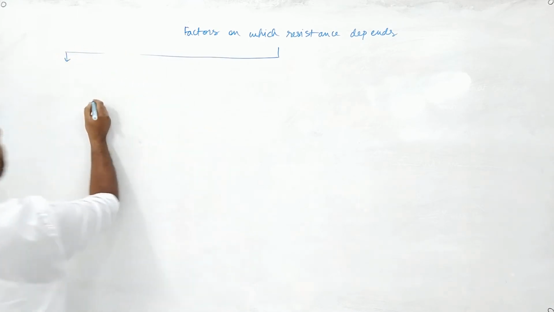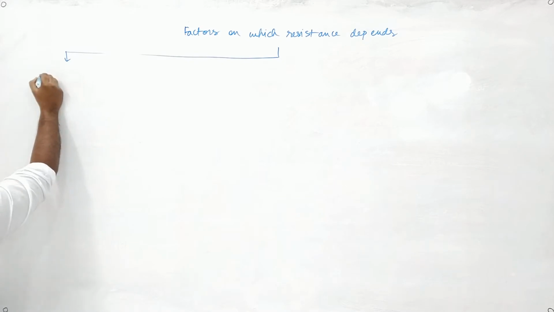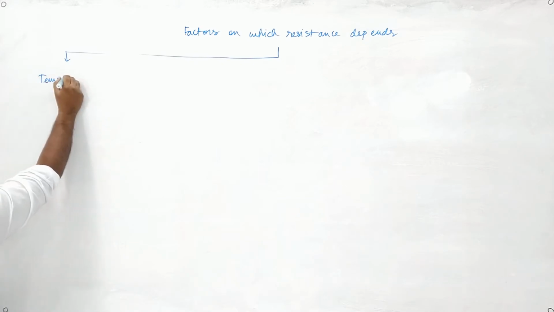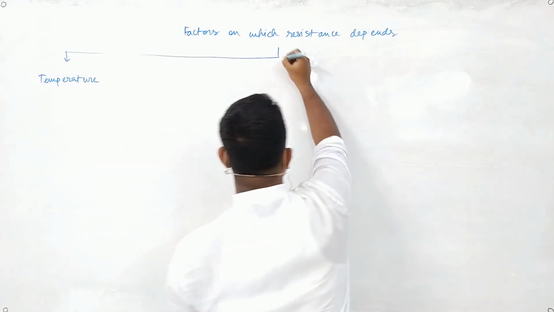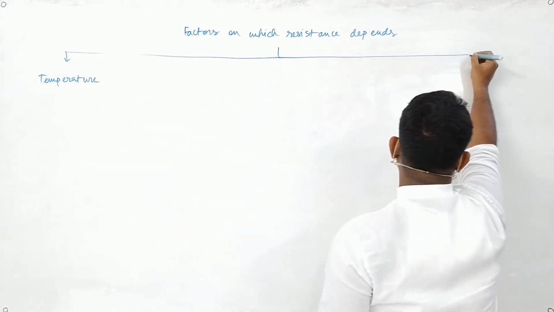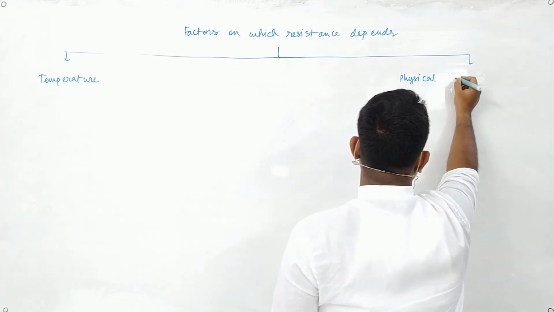First category is the temperature. Second category is the physical character.